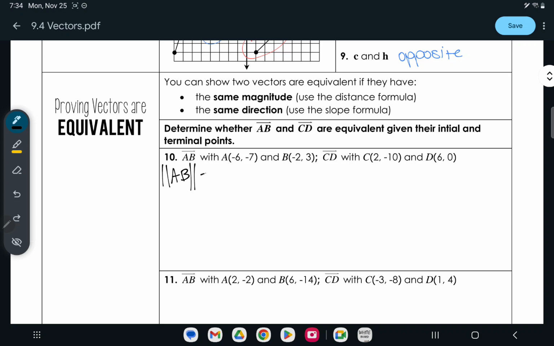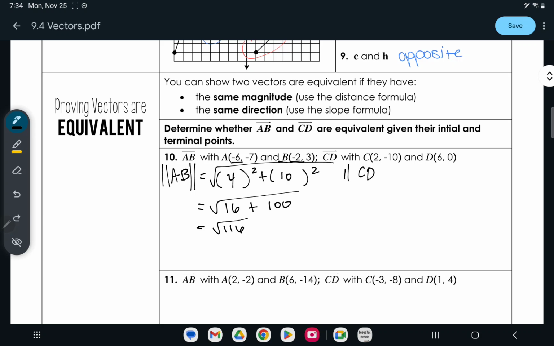So AB, it's a square root, difference in the x's, difference in the y's. It's -6 to -2, it's a distance of 4. -7 to 3, that's a distance of 10. So 4 and 4 is 16, 10 and 10 is 100. So the square root of 116, we'll leave that because we'll do CD now.